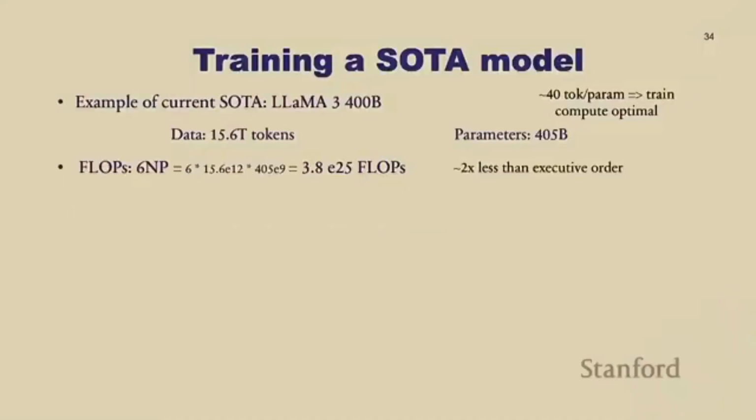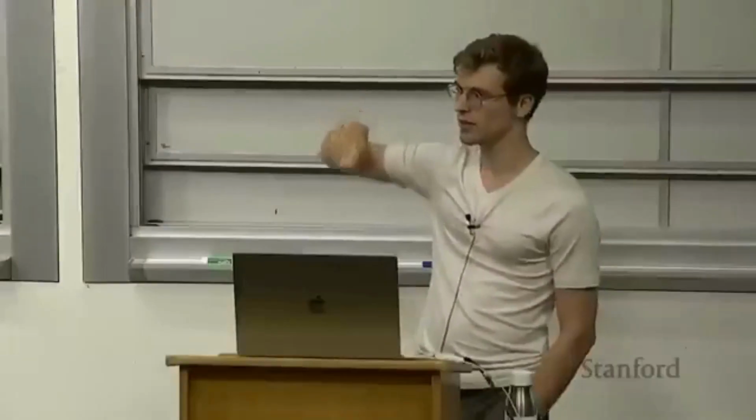So they went 2x less than that. They really went right below this to not have special scrutiny. I might be off by a little bit, but it's definitely under the 1E26. So P is parameters, N is data, number of tokens. This is just an approximation.